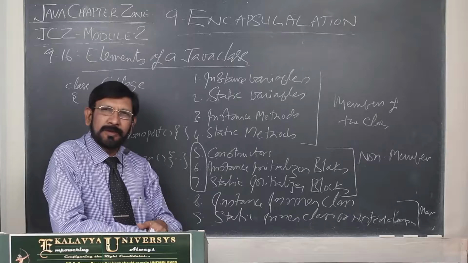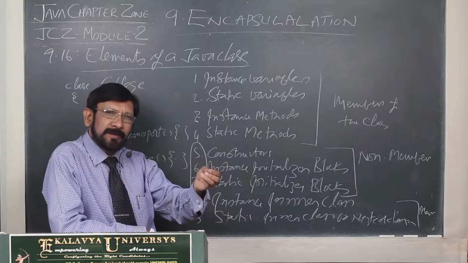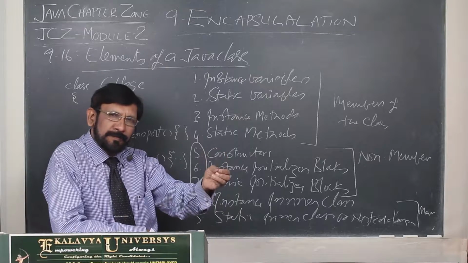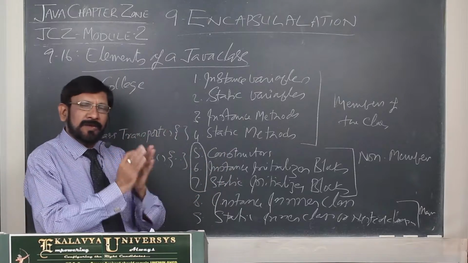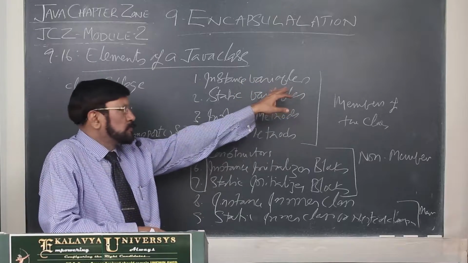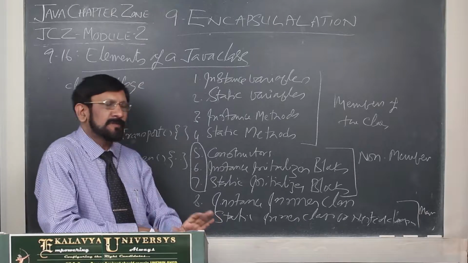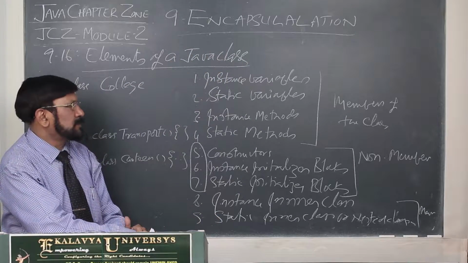Instance variables. These are meant for working for the objects, so via objects, we have to use them. Best example, already many times I am using length and breadth of the room. Those are instance variables.